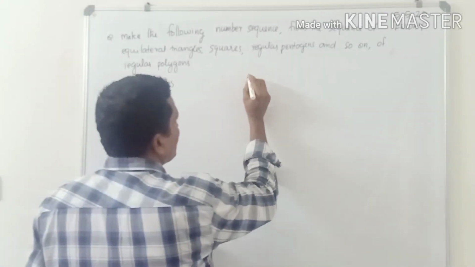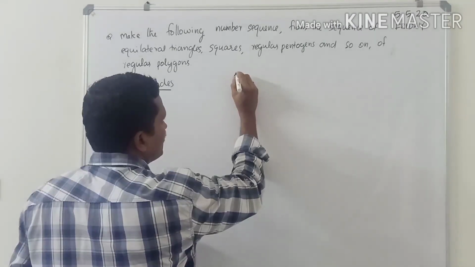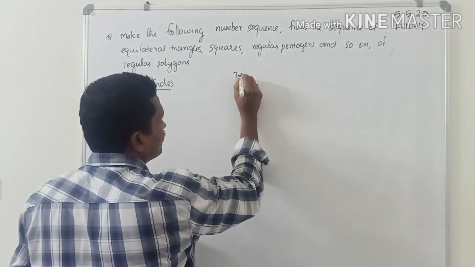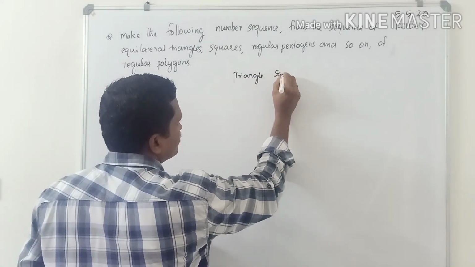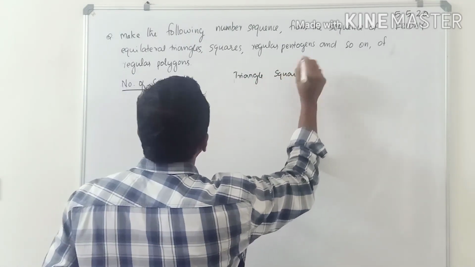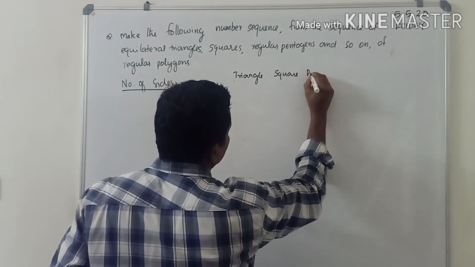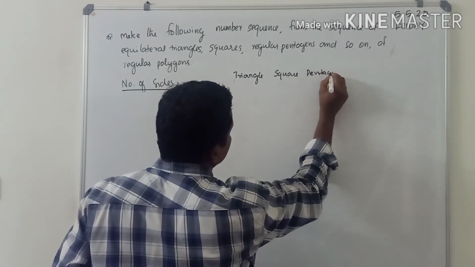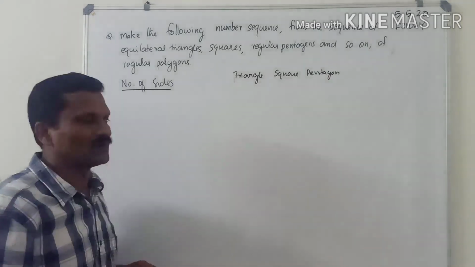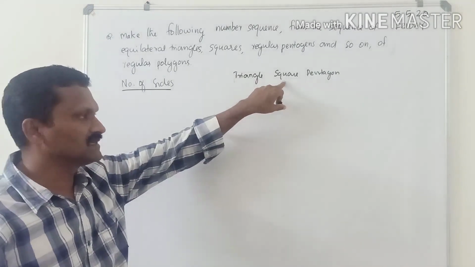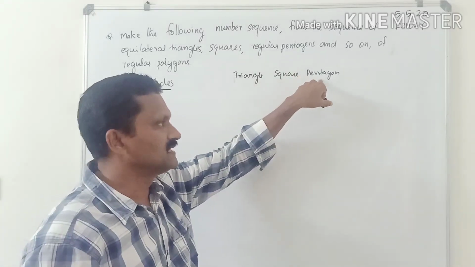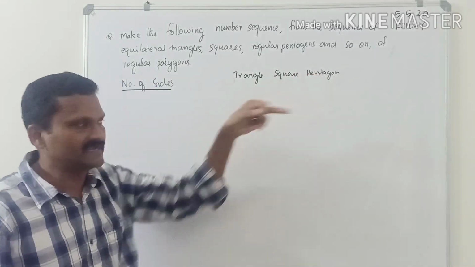Here the regular polygons are, first one equilateral triangle, next square, third one pentagon, hexagon, and so on. We know that a triangle has 3 sides, a square has 4 sides, and a pentagon has 5 sides.